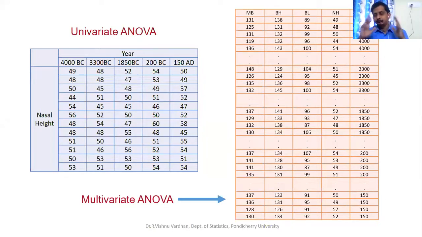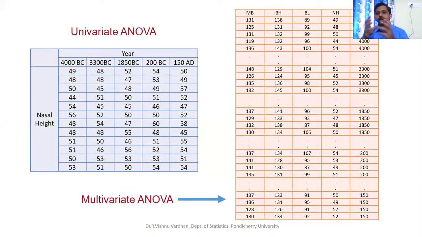The main essence of this multivariate structure comes with two important extensions of mean and standard deviation, called the mean vector and covariance matrix. Mean vector is a column vector that will have the averages of breadth, height, length, and nasal height. Covariance structure will have the variances in the diagonal for each characteristic, and the non-diagonal will have the combined variation.